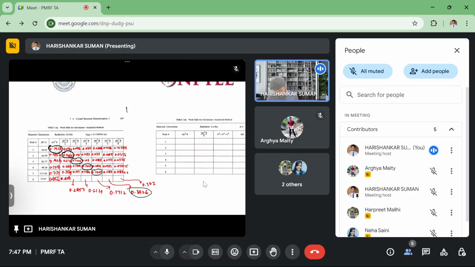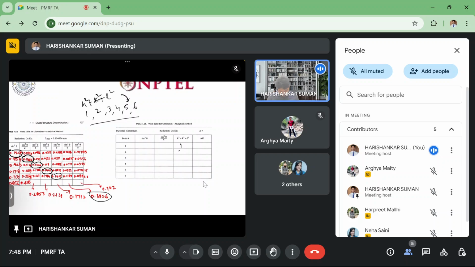And we can see 1 divided by 1, so h square k square l square: 1, 2, 3, 4 in first, second, third also, fourth also, fifth also, sixth also. So these are the HKL square 1 2 3 4 5 6.